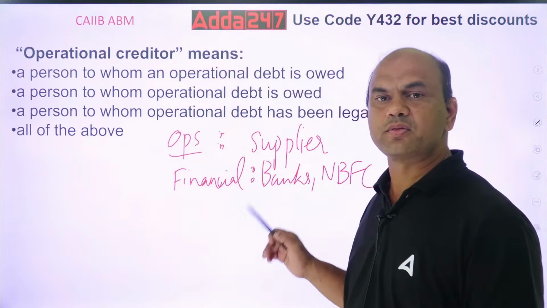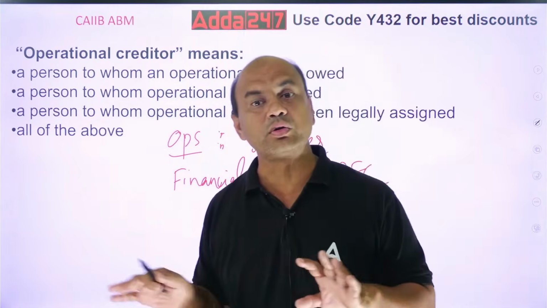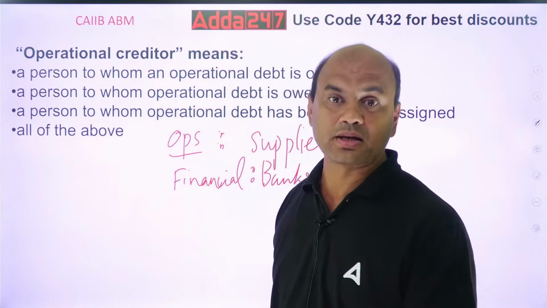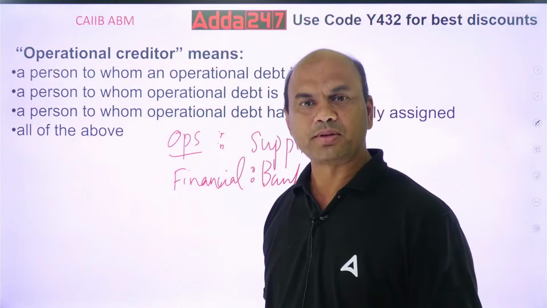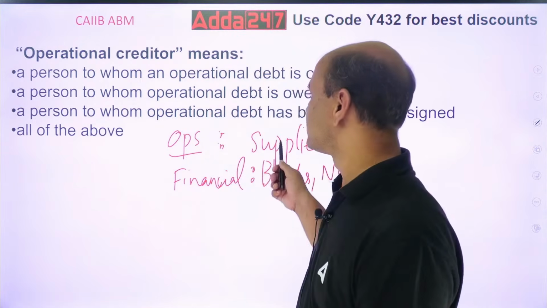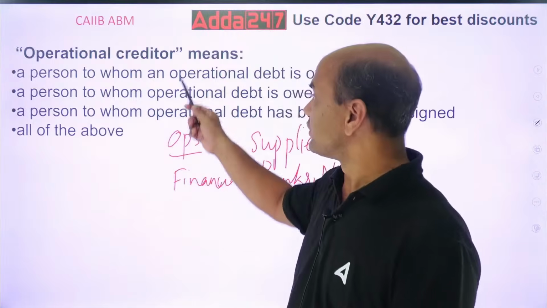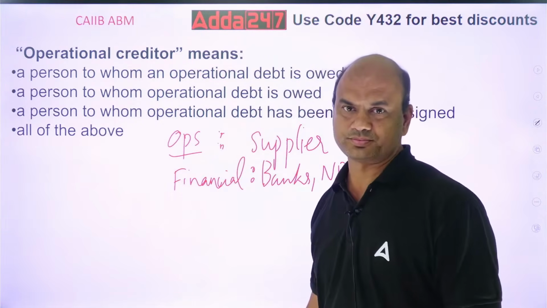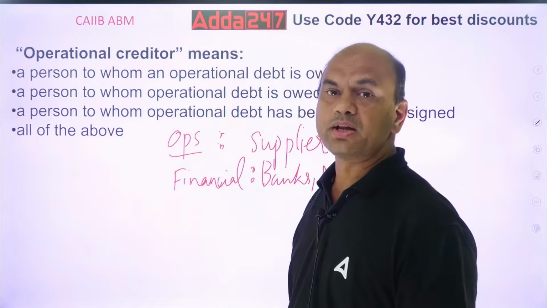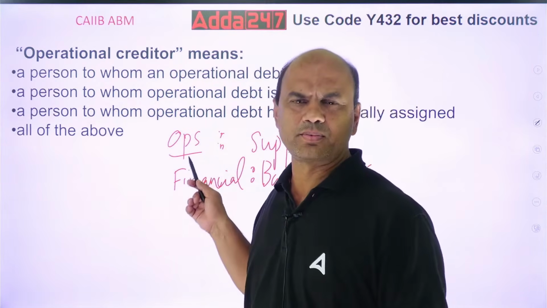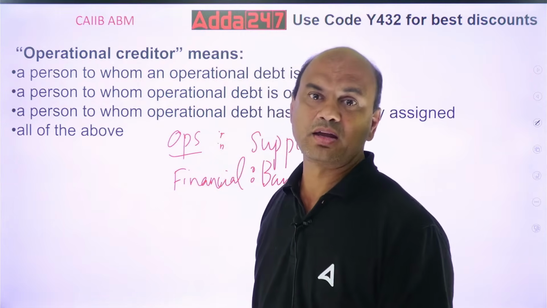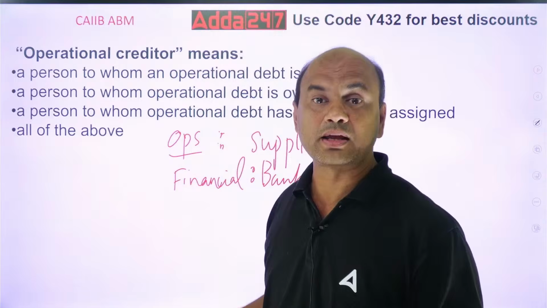Financial creditor will give only finance. It won't look into the operations. Operational creditor means he or she will supply the material. So that is known as operational creditor. So what is the answer? A person to whom operational debt is owed. Whom do I owe a debt to? My supplier. Yes, I owe, because he is supplying me the goods on udhari, credit.